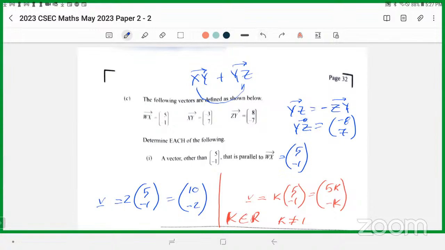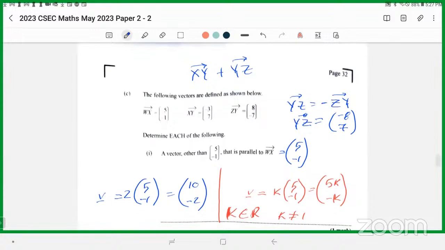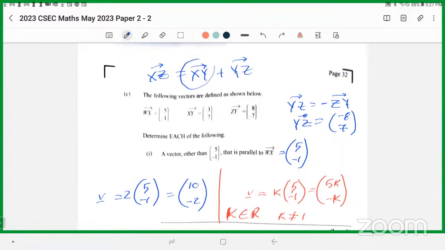So XZ would be equal to this, which means going from X to Z is the same as going from X to Y first and then going from Y to Z. So I'm going to be using this XY, which is this, and this YZ, which is that.